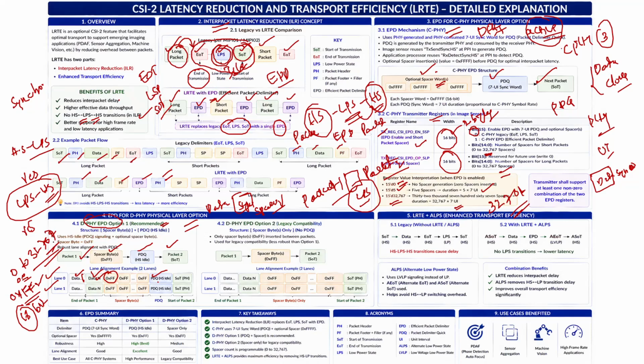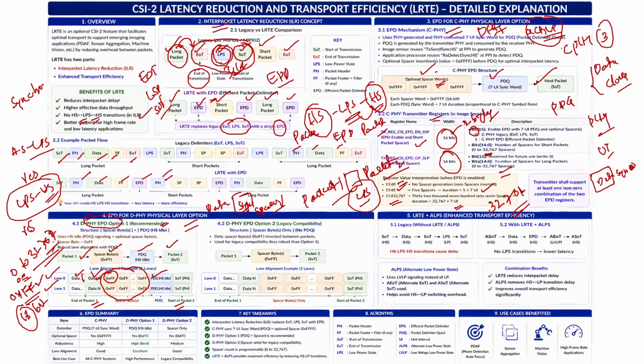The packet delimiter queue is there, so in between that no space is placed. That means blanking is not allowed here. Okay, from one packet to another packet, this packet delimiter queue is taking place, and it reduces the space.